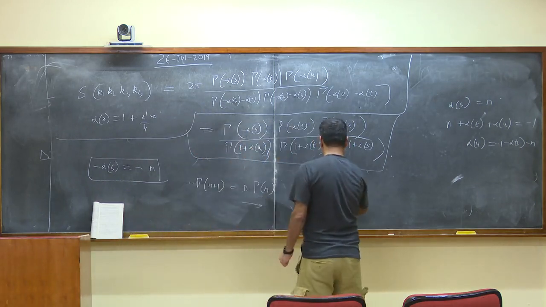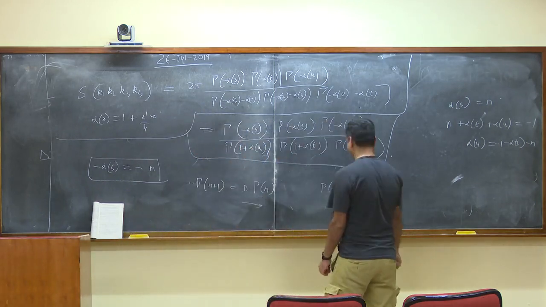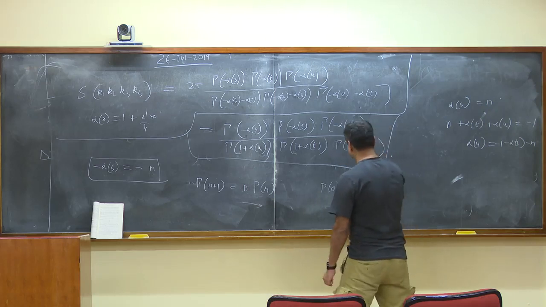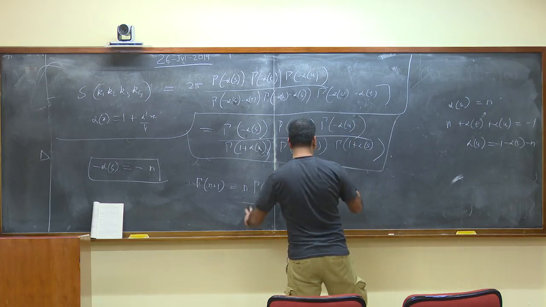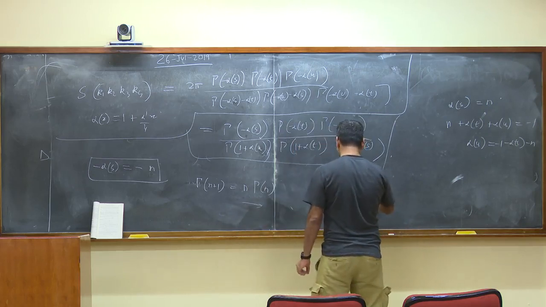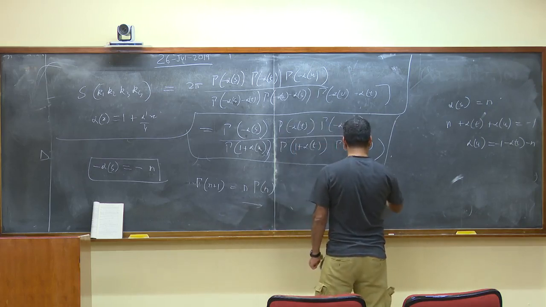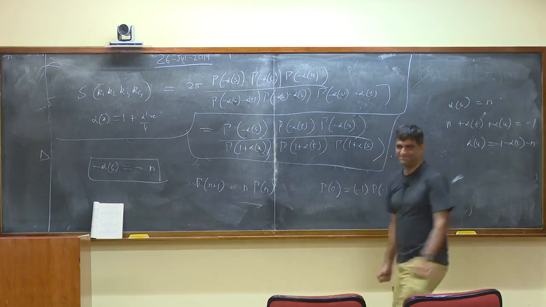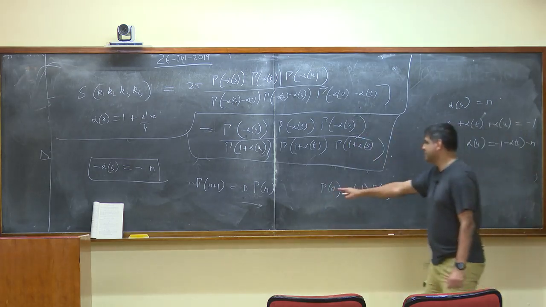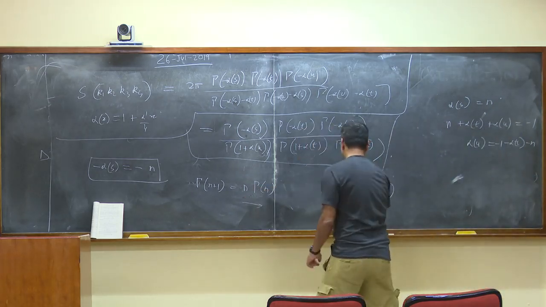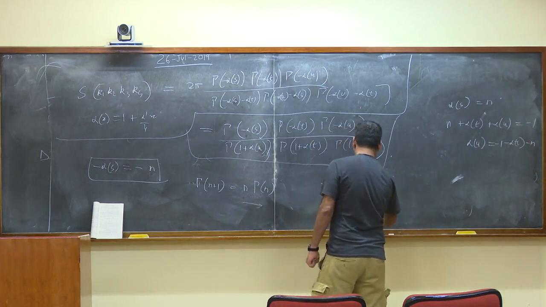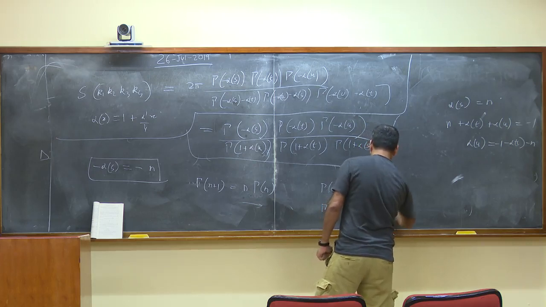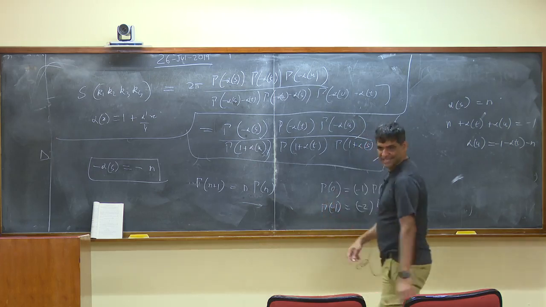Well, gamma of 0 was equal to minus 1 times gamma of minus 1 using this formula. And then gamma of minus 1 is equal to minus 2 times gamma of minus 2, and so on.